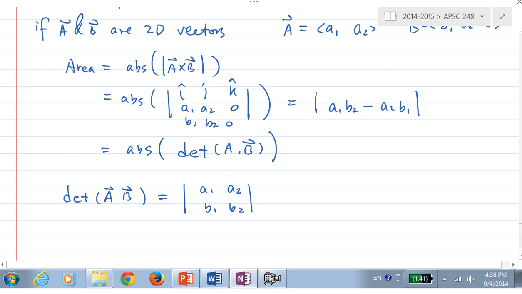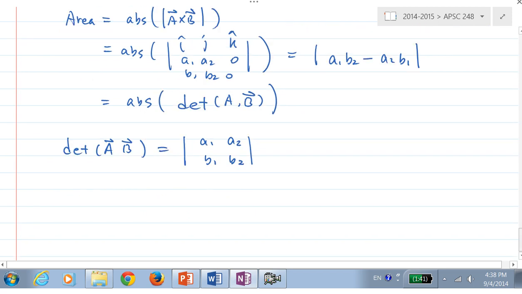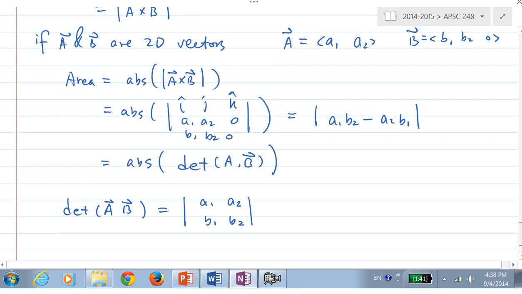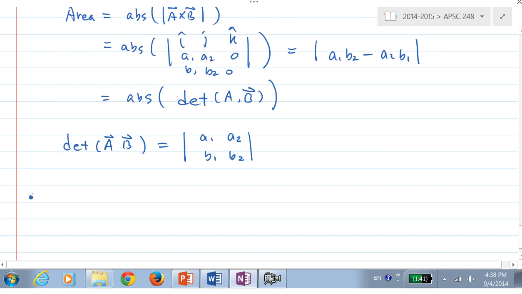So now let's look at the next application: volume of a parallelepiped.